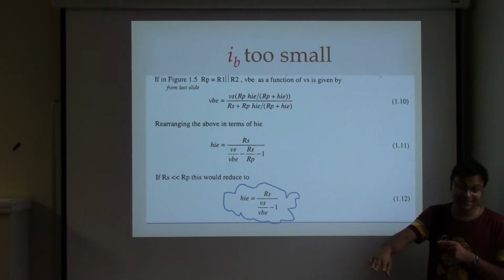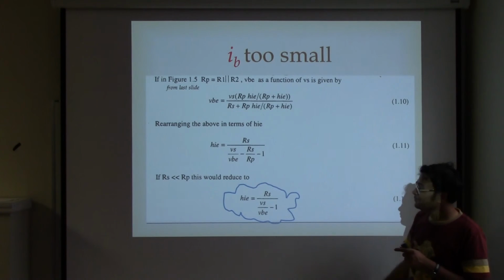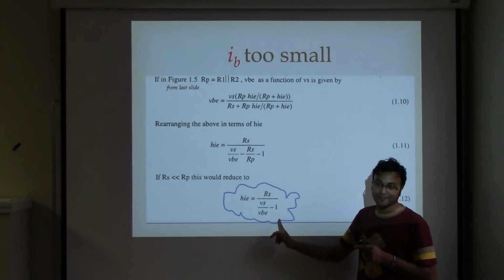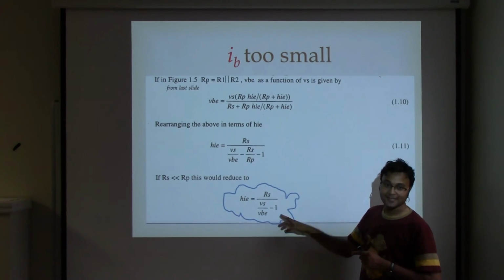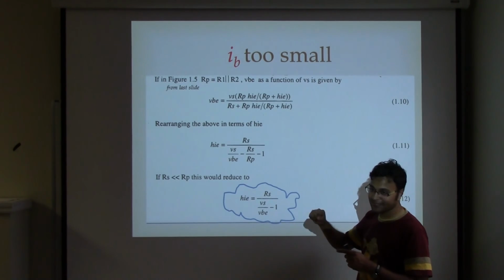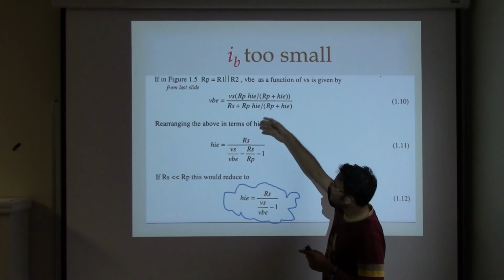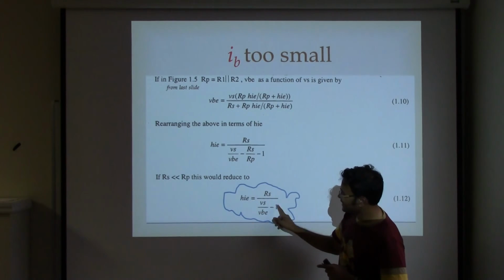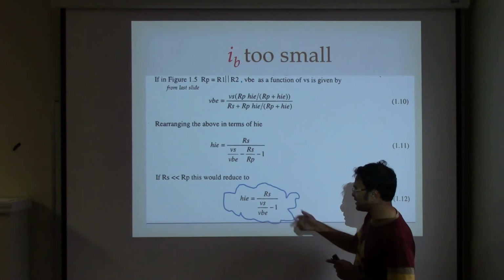They're in the appendix section of the lab manual, but we just look at the final equation that we should be using. Once we have done all that, we don't have to derive all this. You can look at the equations if you want, but finally HIE is RS over (VS over VBE minus 1).